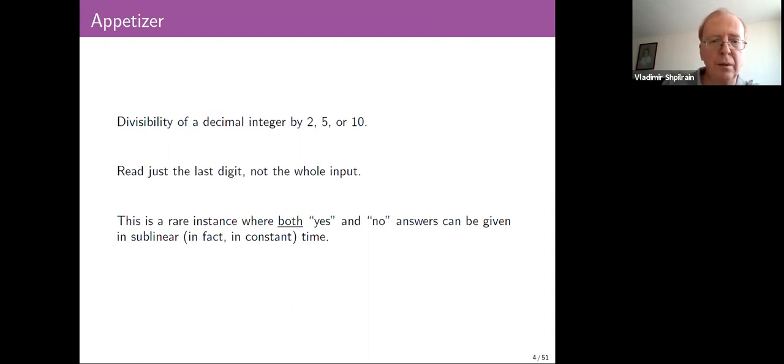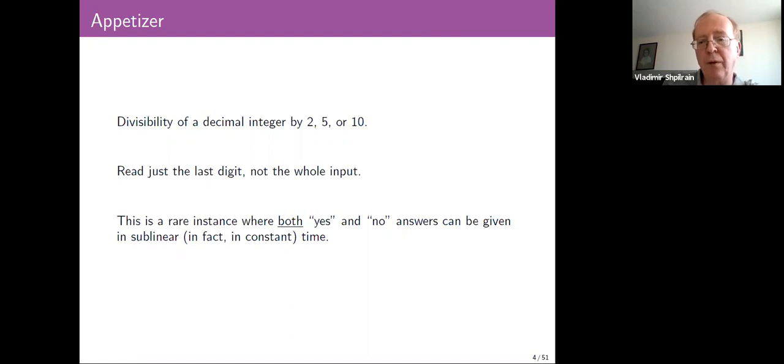Also, another comment on this simple example is that you may feel that there is some kind of cheating involved here because an input here is given to you in a decimal form, which is a kind of a normal form of an integer, right?